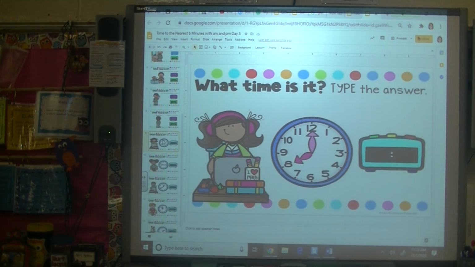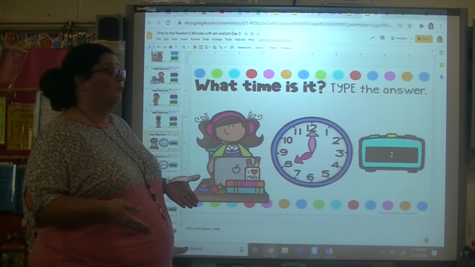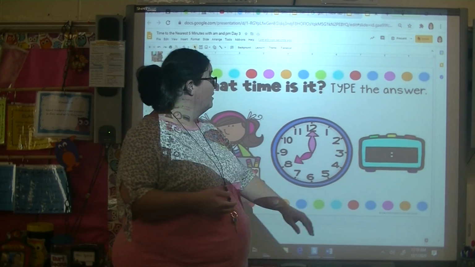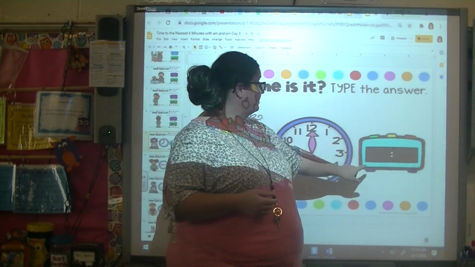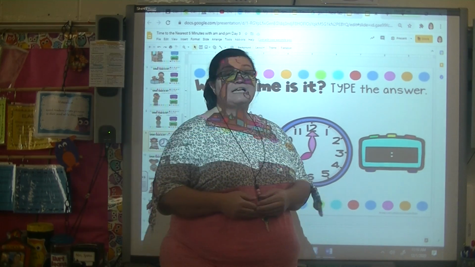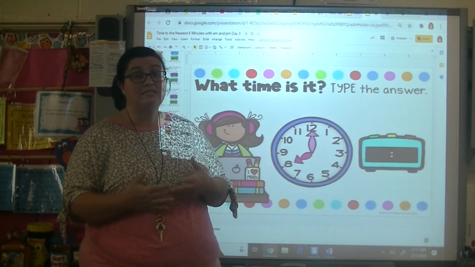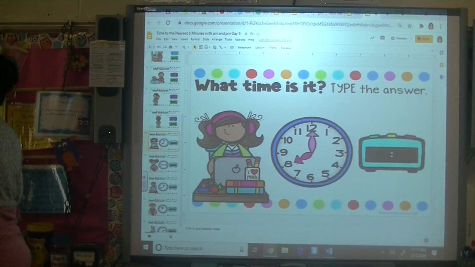Also, you will look at the child and read the child's clock. They're going to be doing something. You will click in the box and type the answer. So you'll have to click on the hour side and type the hours. Click on the minute side and type the minutes. We're going to go over some examples together today before you do your independent practice. So let's go back and work on that now.